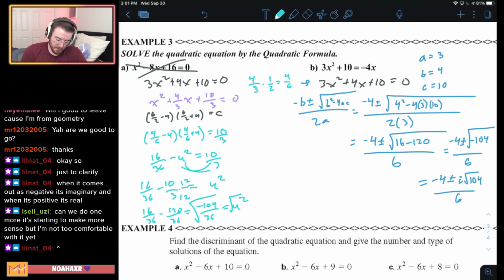Take the square root. I end up with u equals i root 104 over 6. Boom. You see that? So 4/6. And remember, it's always the opposite, right? So negative 4/6 plus or minus i root 104 over 6.